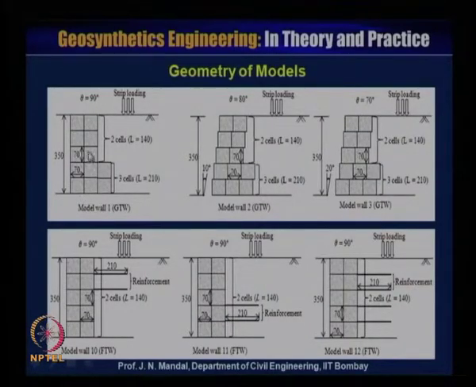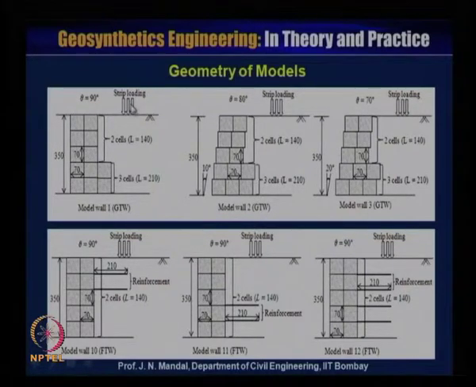You can see the cell, and this theta angle is 90 degree. This is one model. This is 2 cell whose length is 140, and here is the 1, 2, 3 cell whose length is 210, and each cell is 70, and this theta is 90 degree.